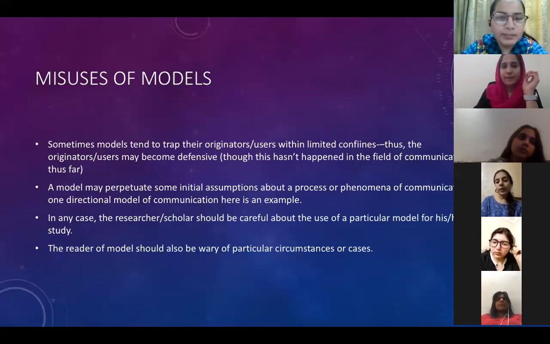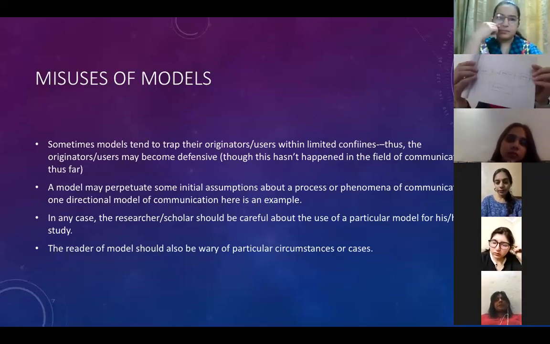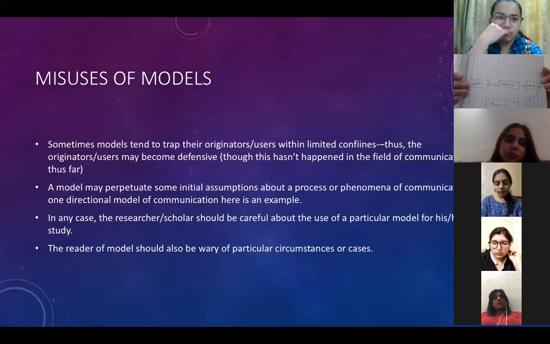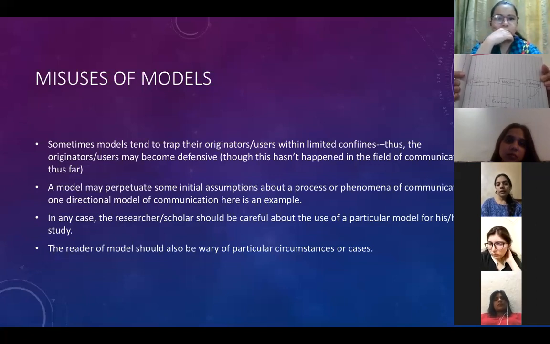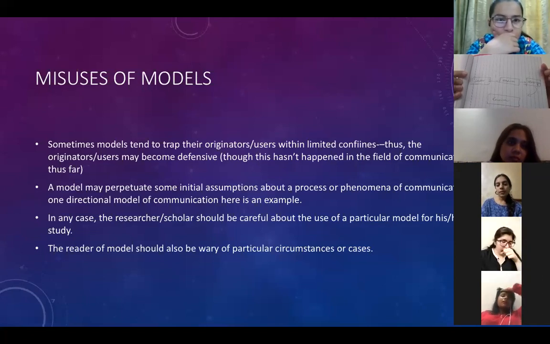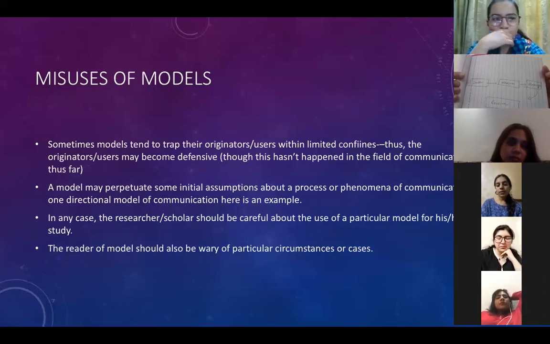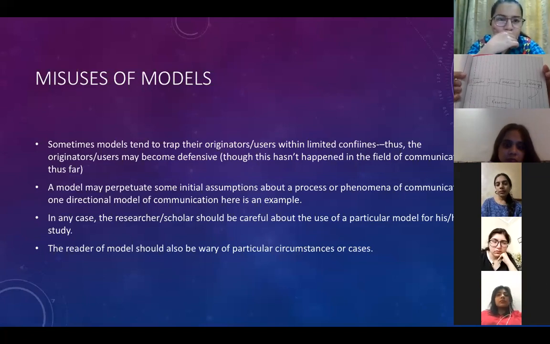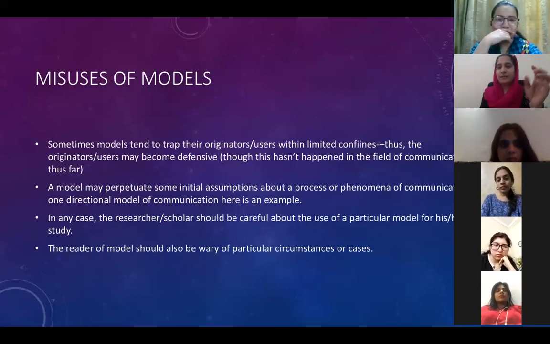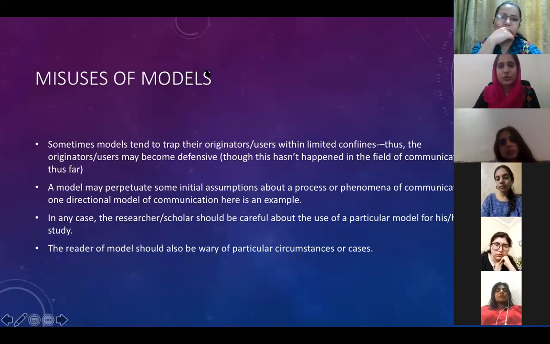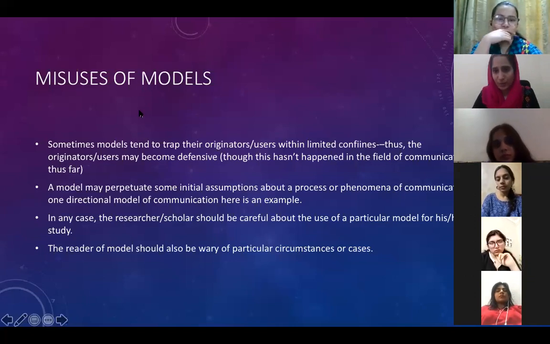Now, in this diagram, I'm showing you a model that has four components. Information goes from the sender to a medium. From the medium, a message is generated, and that message further goes to the audience, the receivers.